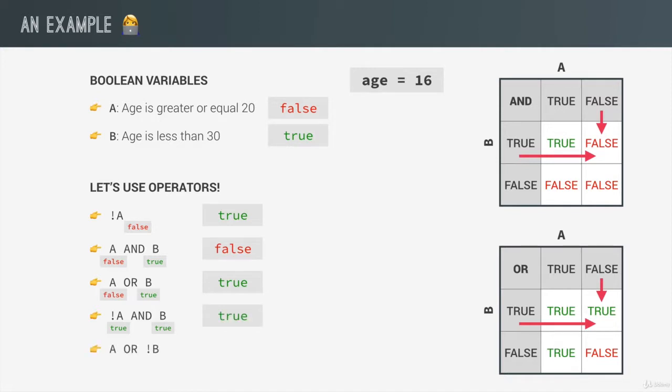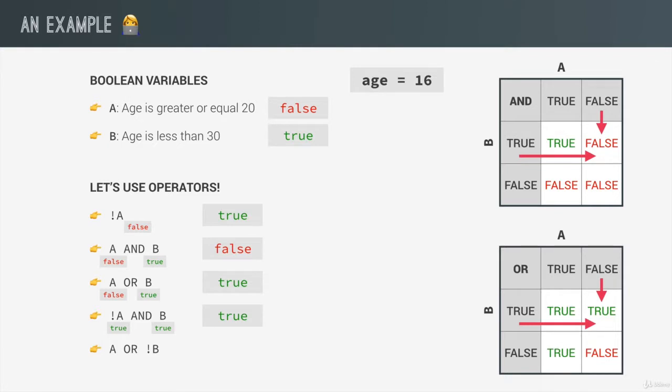And now another one combining two operators. So A or not B. And just as a side note, the NOT operator actually has precedence over the OR and AND operators. So basically the values are inverted first and only then they are combined using AND or OR.